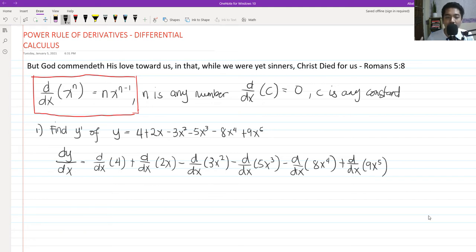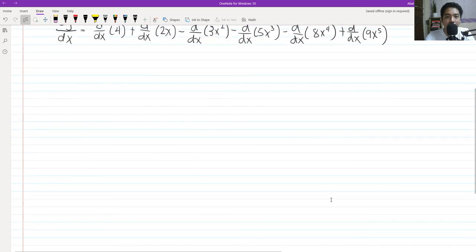If we have a sum and difference function, we will be evaluating individually the derivatives of each term, just like what we did here.